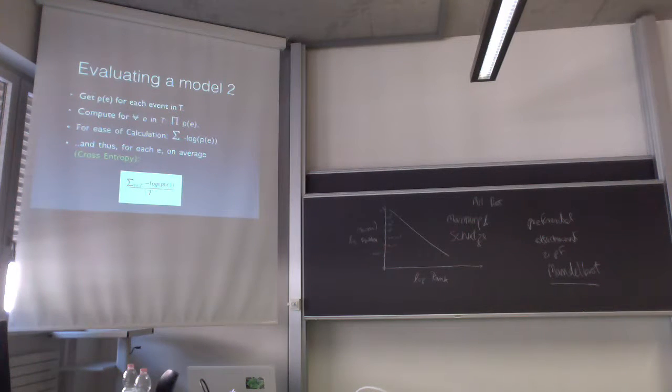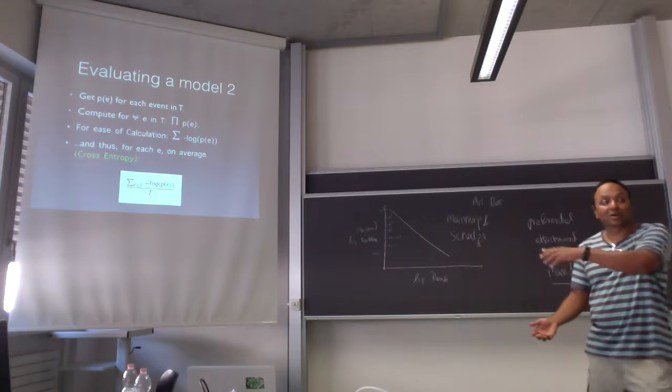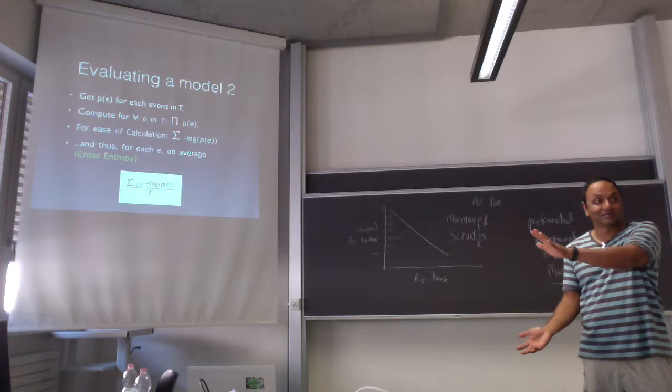We want to know, are these 100 sentences that we see here real English? So we calculate the probability for each sentence, and then we compute the product. Why do we compute the product? Because there's an implicit assumption that each sentence is an independent event, right? If you have a set of independent events and you have probabilities for each of those events, the joint probability is just the product. So you take the product of all these probabilities, and that gives you the probability of the test corpus.